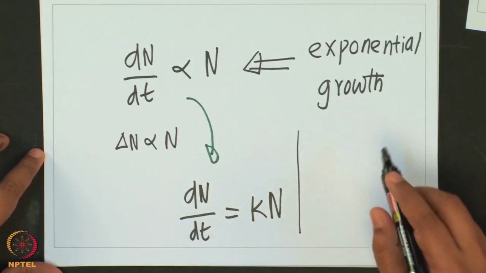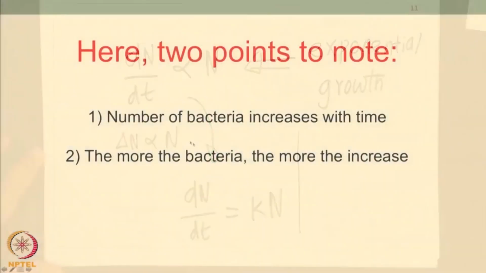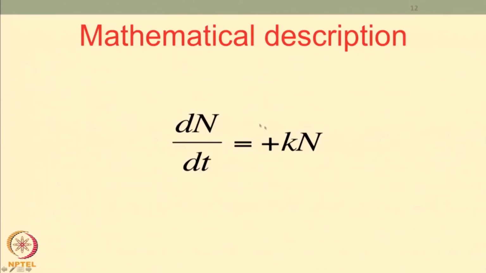Once we have this, these are the 2 points we should note. The number of bacteria increases with time, and the more the bacteria, the more would be the increase. So these are the 2 points we want to understand, and we can mathematically describe this as dn by dt is some constant times n, and this is a positive sign here, which would essentially mean this is increasing, and we would discuss a case of negative sign, which would mean decreasing, which is not the case currently.